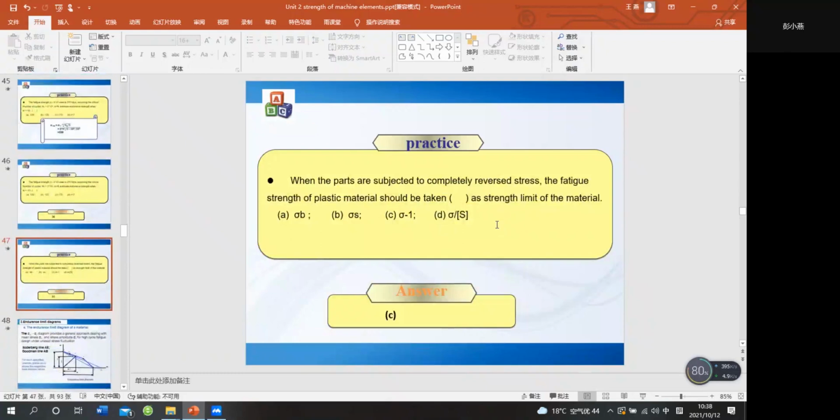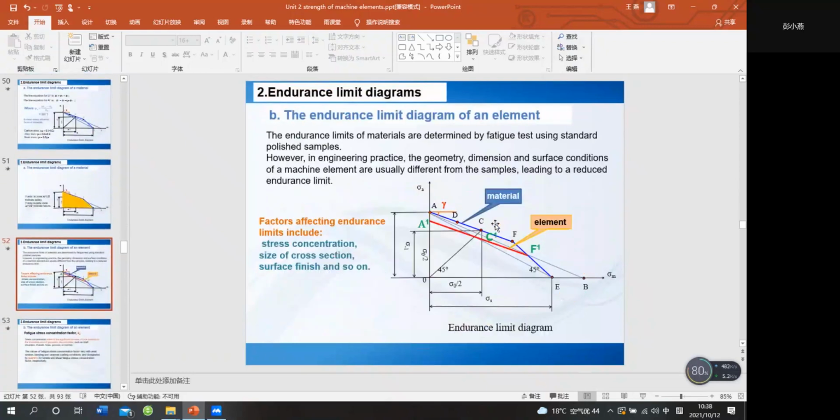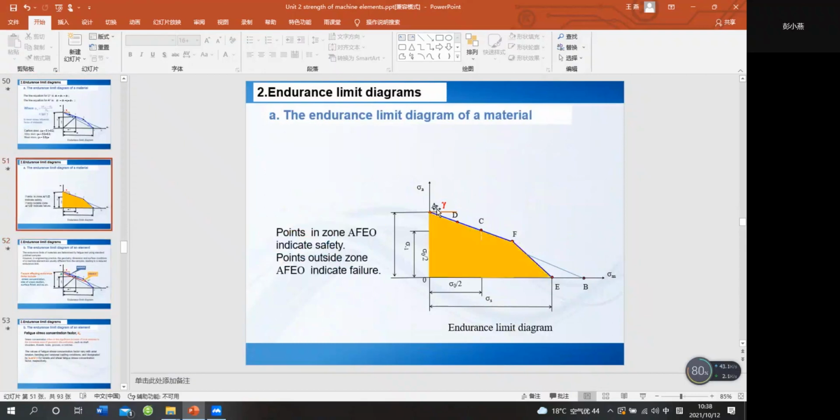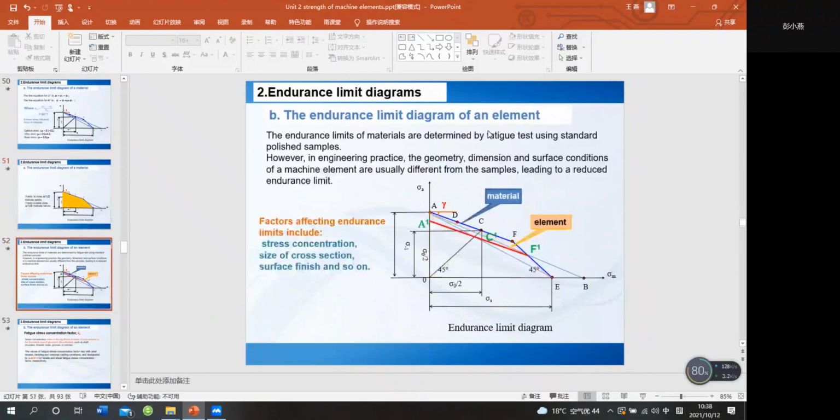Okay. And there is a little difference between the endurance limits of material and element. And this diagram is for a material.